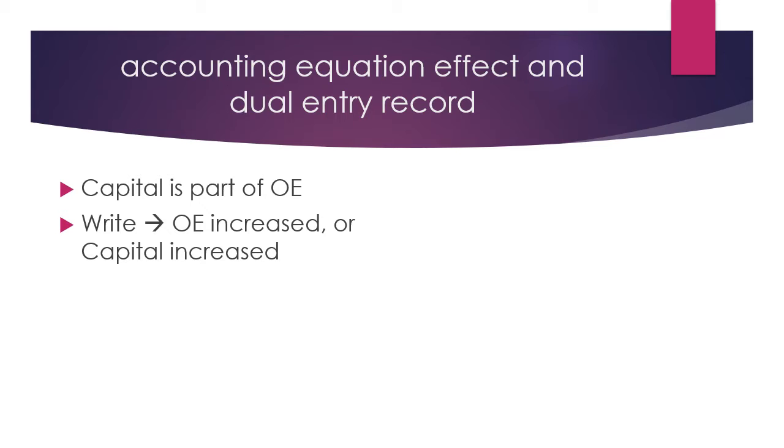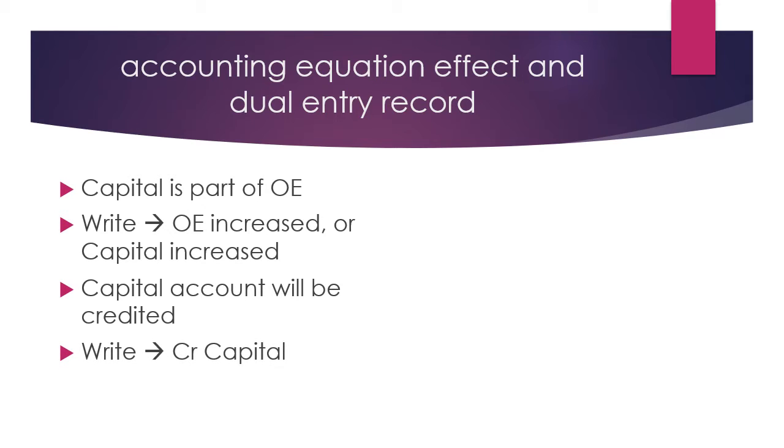If you write them in the exam or test paper, the examiners can still accept it. Use owner's equity increase or capital increase whenever the contribution of the owner increases in the business. And using the other clear formula, when capital increases, the capital account will be credited. So you will write CR capital. CR stands for credit. So you will credit the capital account.